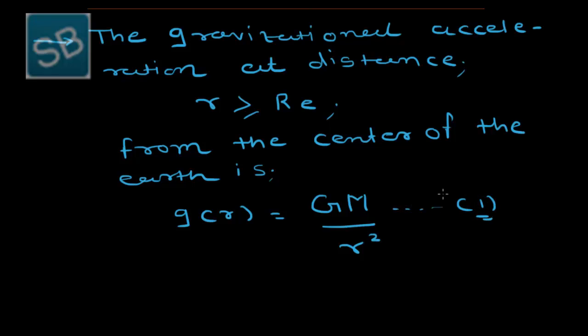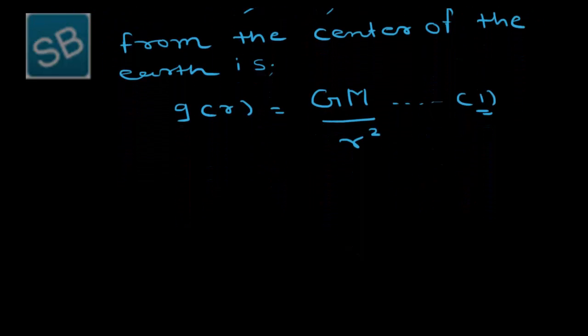g of r is equal to GM over r square. So this is my first equation, and now I am differentiating this equation with respect to the distance, that means r.